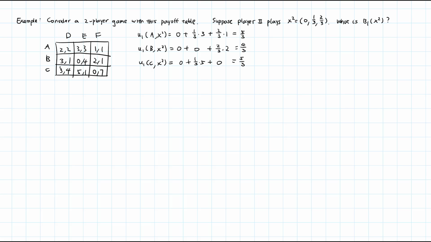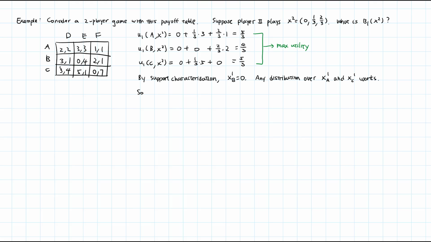So we see that playing A and C will give us the maximum possible utility among the pure strategies. Because B is not among the maximum, by the support characterization, we must assign probability 0 to B. And any distribution over A and C will work.